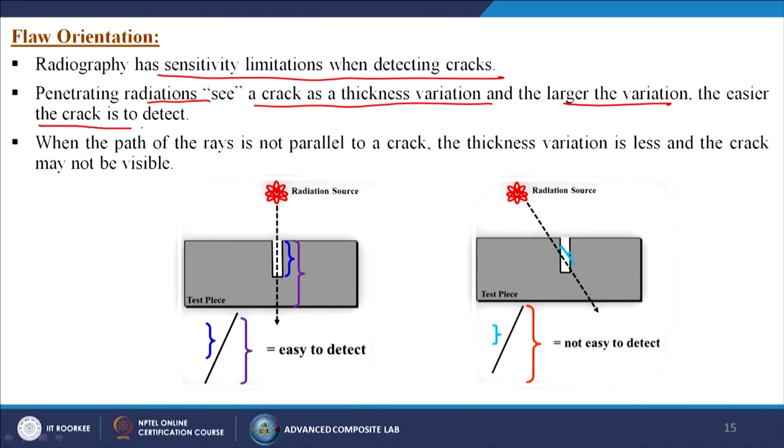Penetrating radiation sees a crack as a thickness variation, and the larger the variation, the easier the crack is to detect. If it is very hairline, we may get a very fine line, or sometimes we cannot detect it.